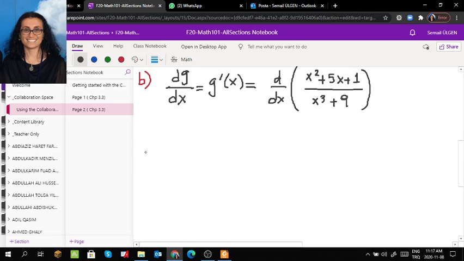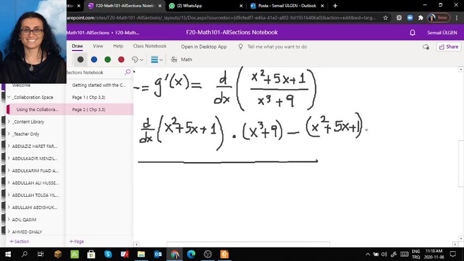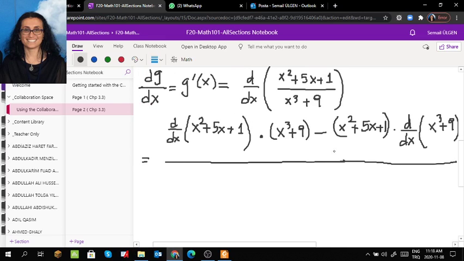So dg/dx is equal to the derivative of x squared plus 5x plus 1 times the denominator, minus, keep the numerator as it is, multiply this with the derivative of the denominator, all over this thing, and we are going to just square the denominator. Just square the denominator.